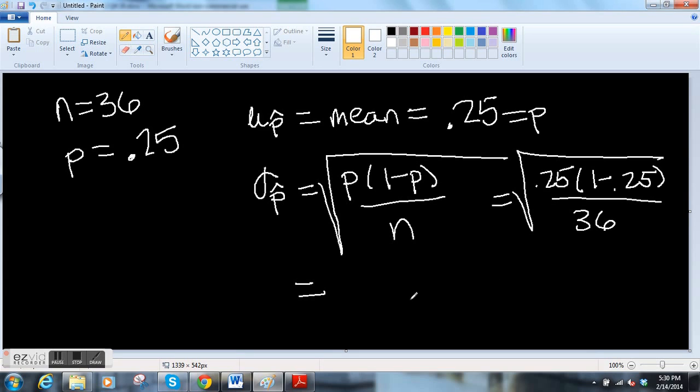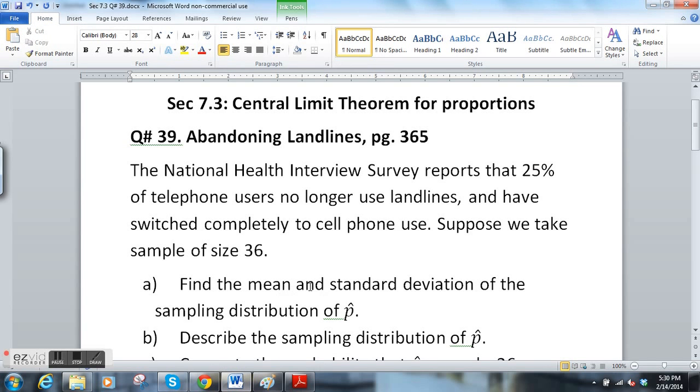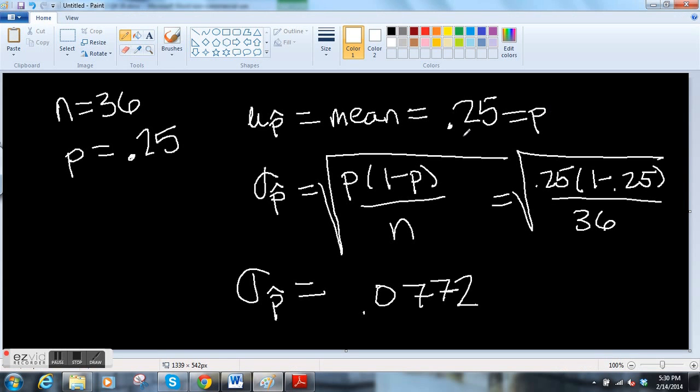So the standard deviation works out to a weird little number, which I believe is 0.0722. I usually use 4 decimal places here, but 3 or 4 is fine. So that answers part A. Find the mean and standard deviation of the sampling distribution of p hat. Here's the mean, and here's the standard deviation.